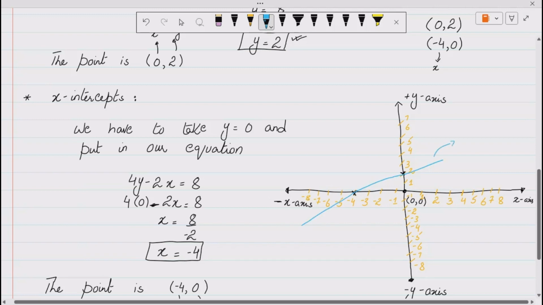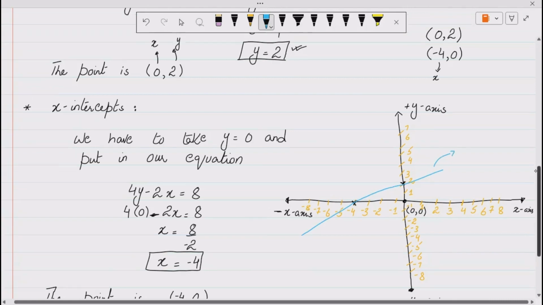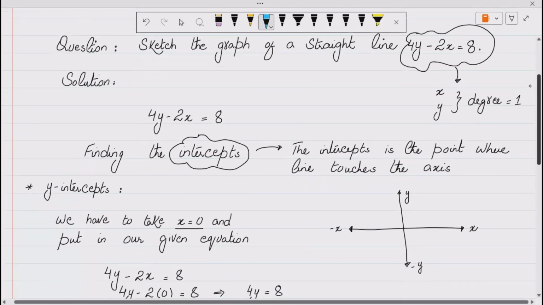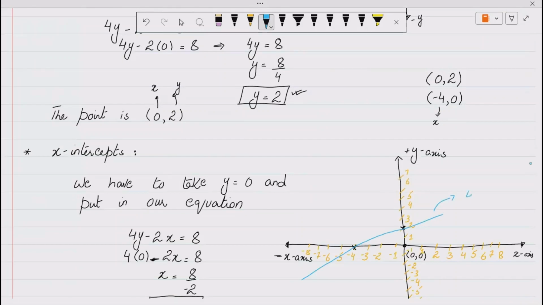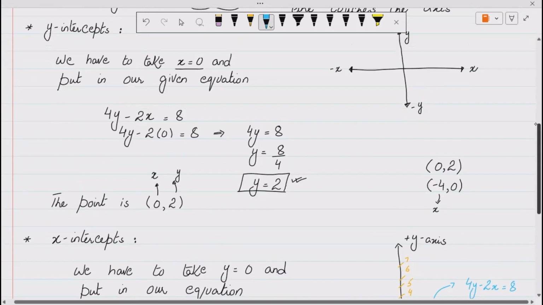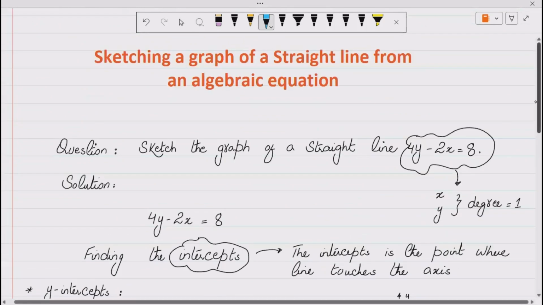This line is the graph of our equation, which is 4y minus 2x equals 8. I hope you understand now how to make a graph of a straight line.